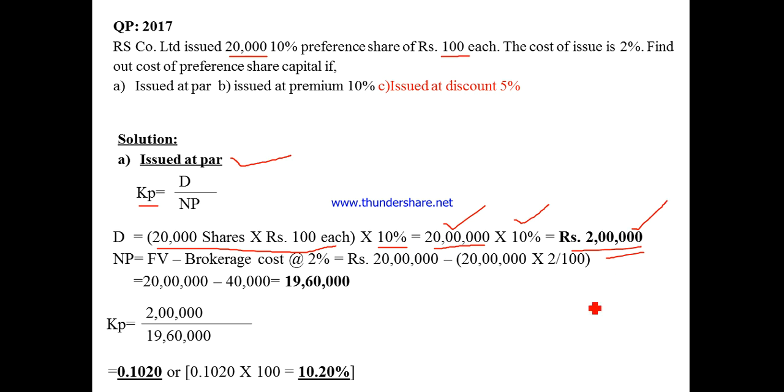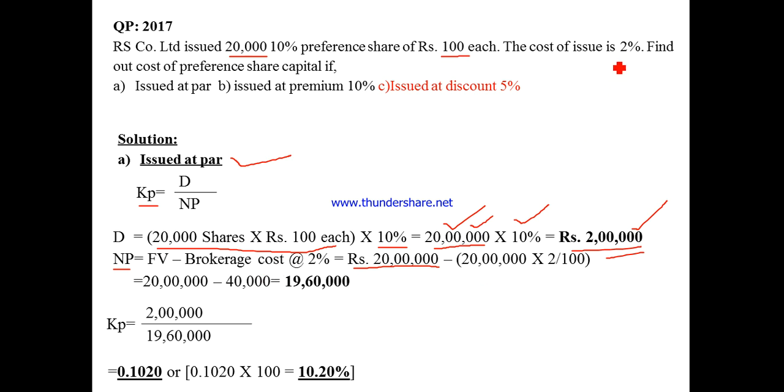Now let us see how the net proceeds is to be calculated. Net proceeds equals face value minus brokerage cost at 2%. Face value is 20 lakh, which we have calculated here, minus brokerage cost.